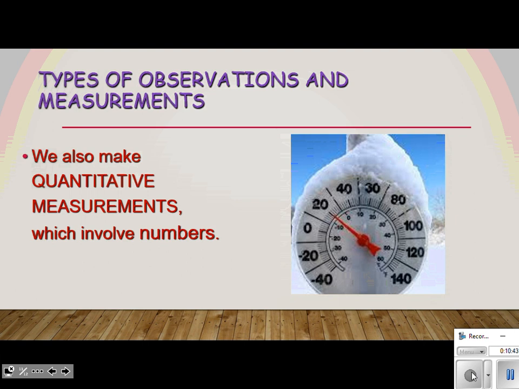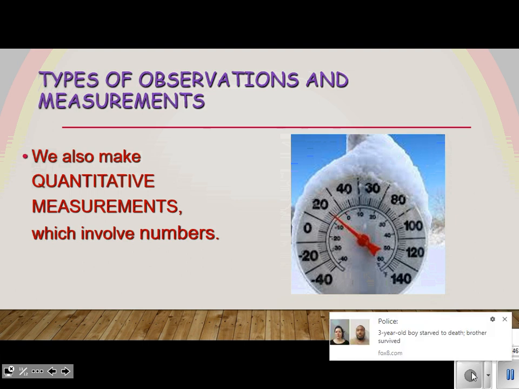Now, my mom would tell you that if it's below 50 degrees, she's got to put a sweater on because it's cold. But that's not the case for me. So our colds could be something different. But is 32 degrees Fahrenheit the same for my mom and myself? Yeah, that's quantitative. It has a number involved.